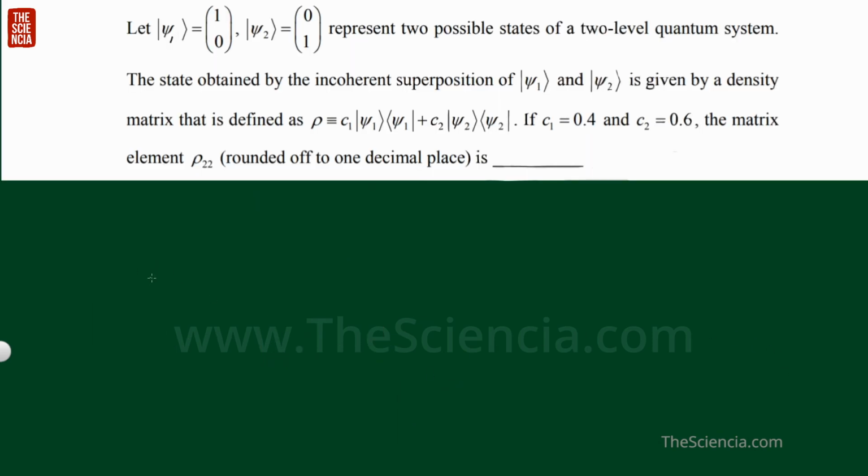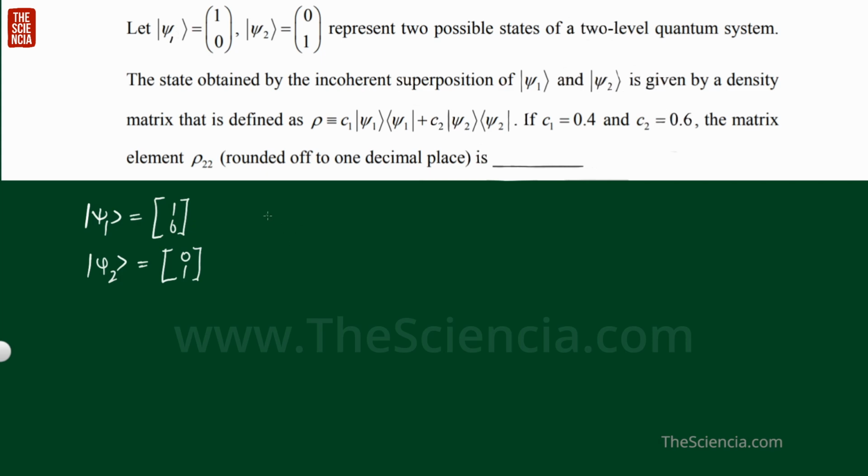Here in this question, two possible states are given, that is ket psi 1 equal to 1 0, and another state ket psi 2 equal to 0 1. So the particle can be found in any of the states or any combination of these states.